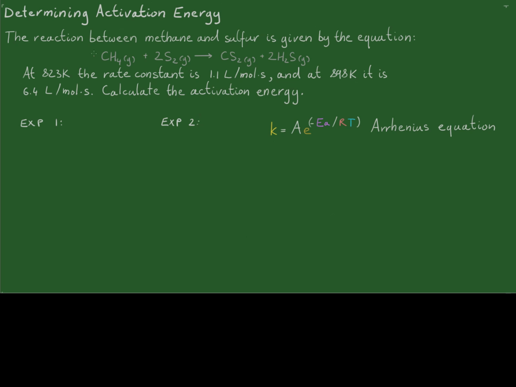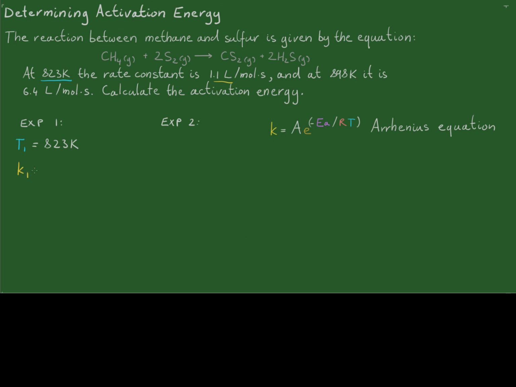And experiment 1 was carried out at 823 Kelvin, so I will write T1 for temperature of experiment 1 equals 823 Kelvin. The rate constant for experiment 1 was determined to be 1.1.